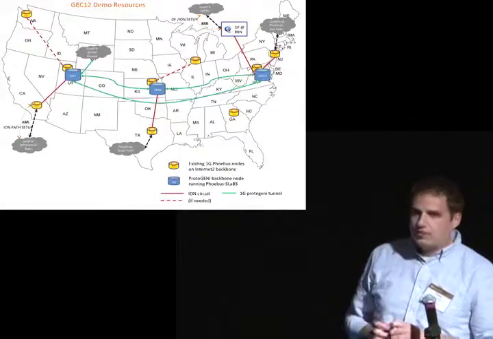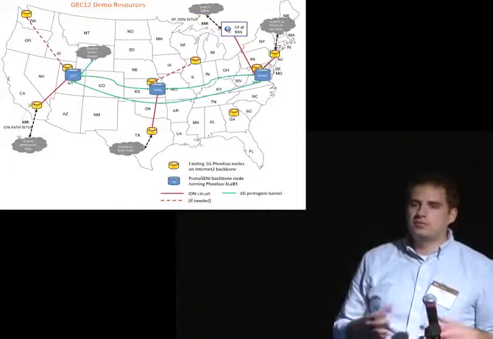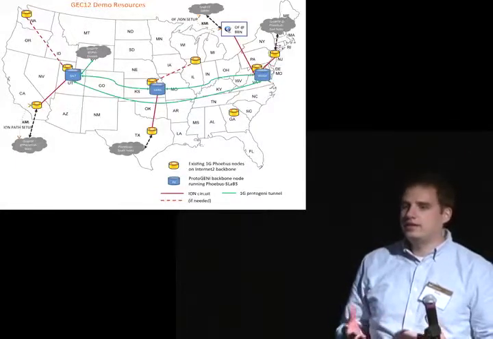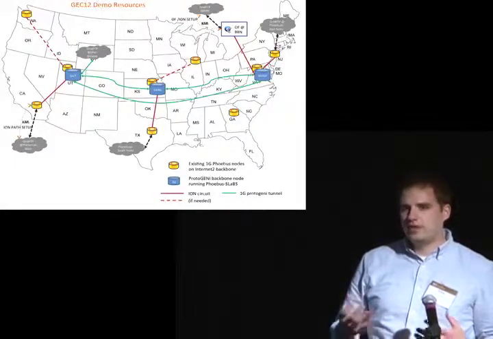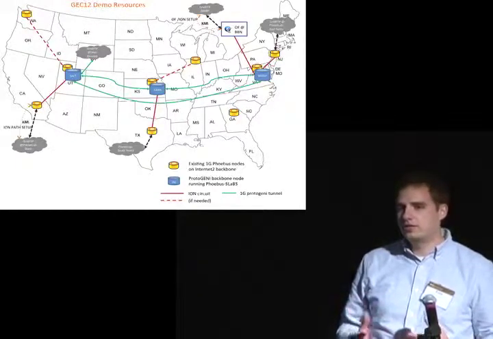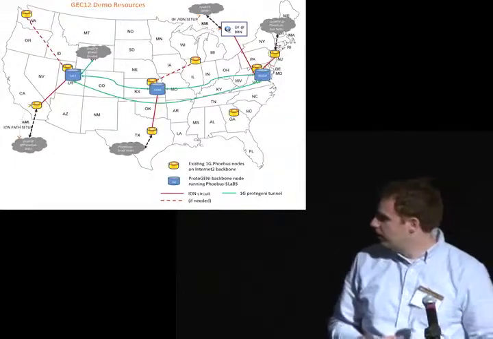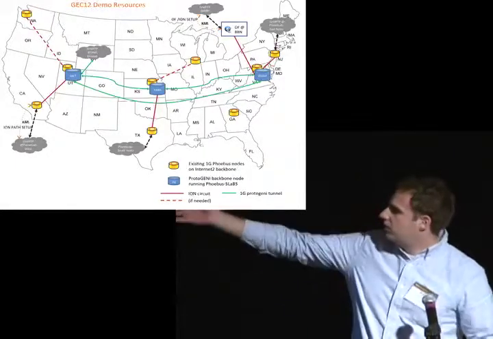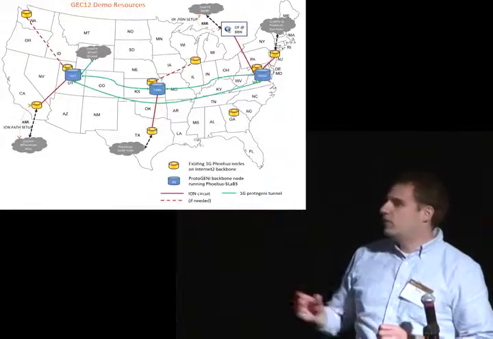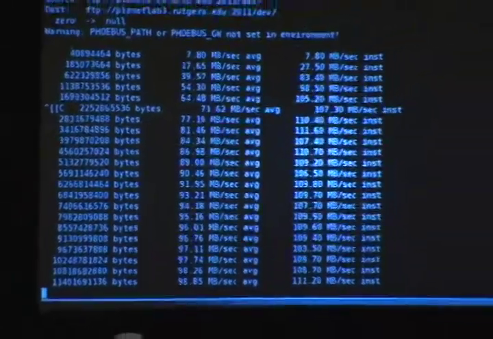We're using a number of GridFTP transfers as our typical application for moving bulk data. The idea is we create dynamic circuits on behalf of the application, and once those are available, how do we best utilize the resources that are now brought up for the application transfer? What I have here on the other screen, and if we could now get the Periscope interface up on the projection, we can actually show the demo in action.